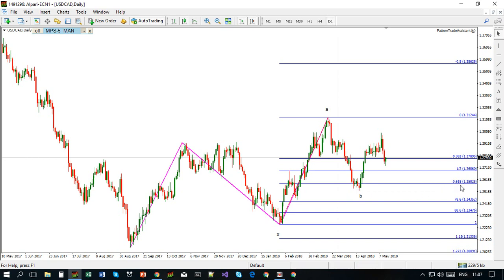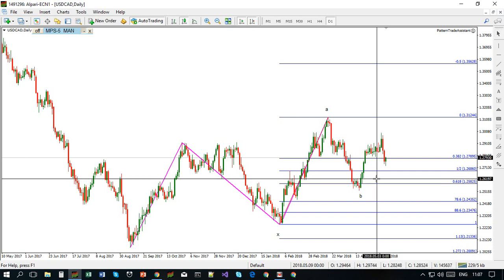Obviously it is closer to 618, that's why it is called precise 618. The same happens when it doesn't touch 618, maybe it is terminated some way. Here you simply measure whether it is closer to 50 or closer to 618.